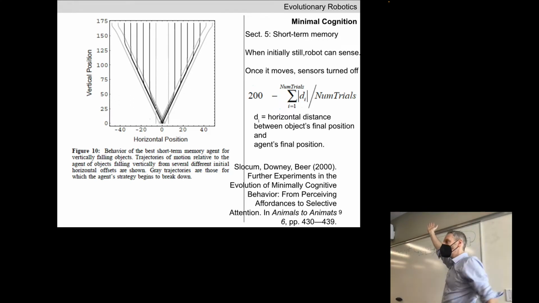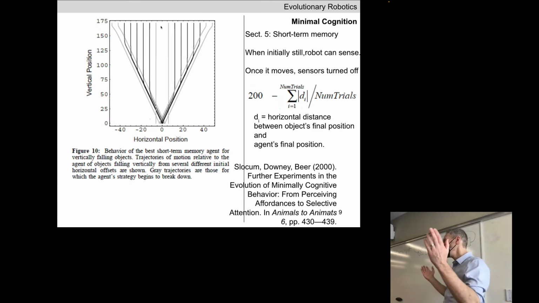The robot can no longer see it, and even if it tries to move to see it, it goes blind. So it's only able to see these 4 objects for a very, very brief period of time.